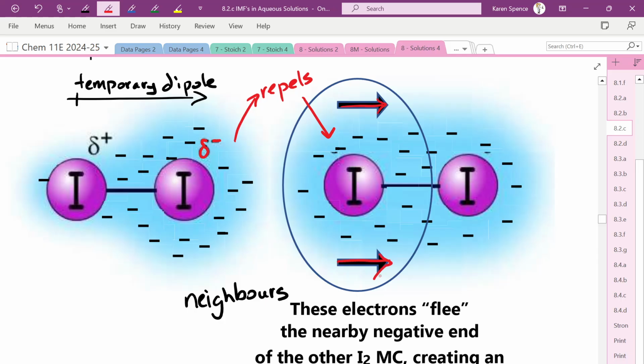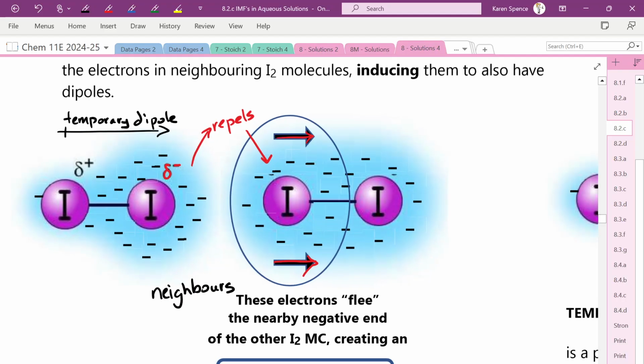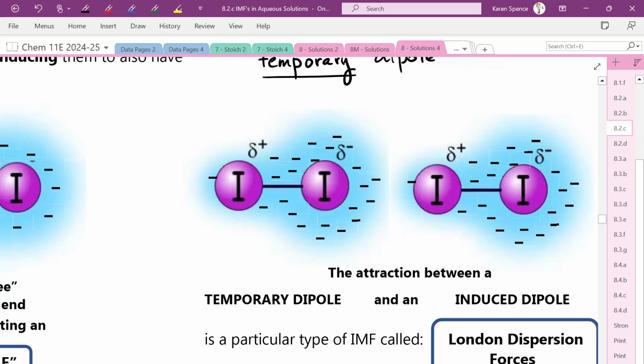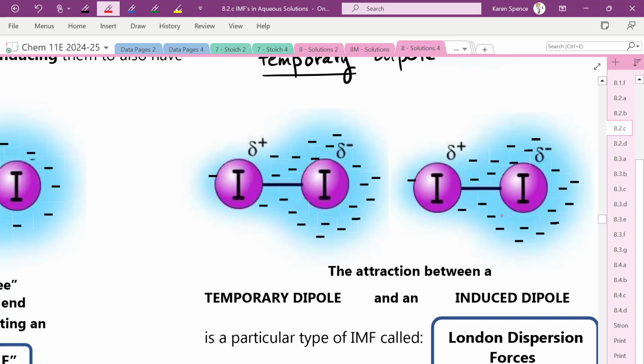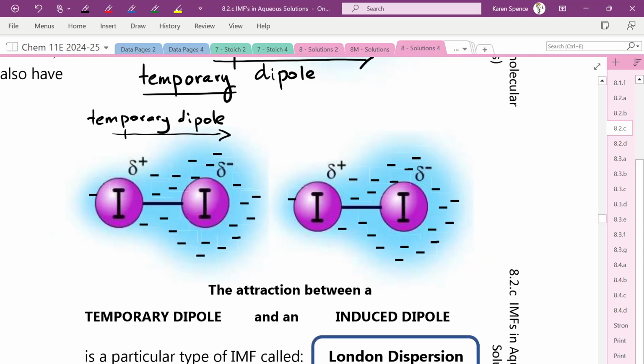They run away. And so what do we end up with? We end up with our original temporary dipole, and we end up with a second temporary dipole. This one, the one that happened by random chance, that is called our temporary dipole. And the other one, it was caused by the first one. So if something causes something else, we can say it induces it.